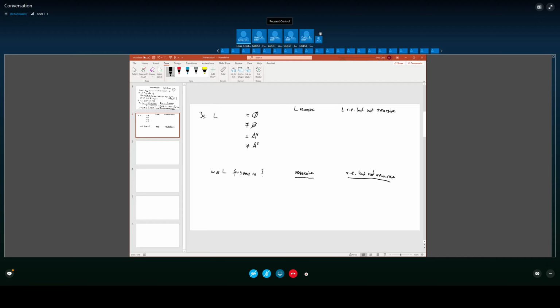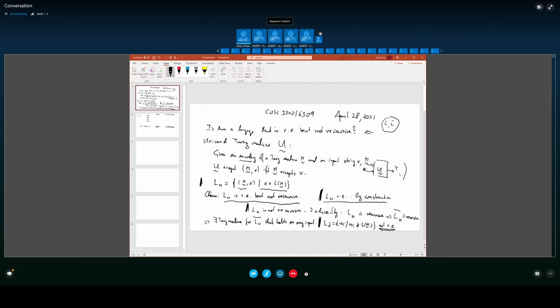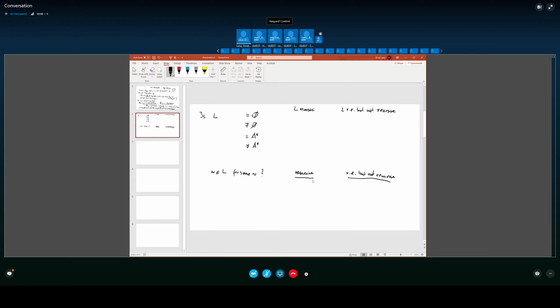Conversely, if the word is not in L, then the Turing machine is not guaranteed to halt, and therefore we may not ever get an answer no. So we get yes, which is, of course, this example that I illustrated here. There is yes, but I certainly didn't write no, because that would mean recursive. Okay, so this is essentially a restatement of recursive versus recursively enumerable but not recursive.